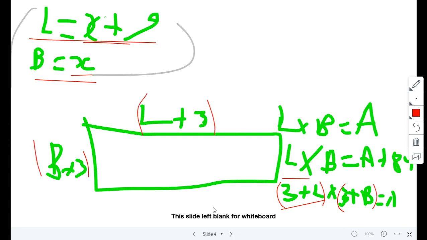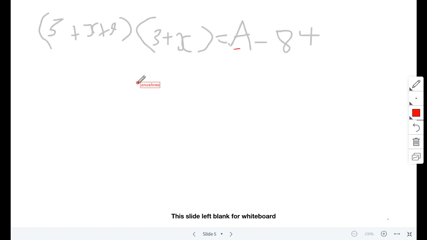They're saying the new is 84 more than the original. Then why have I done minus? No, it's correct, A is the original. Yes, this equation is correct.